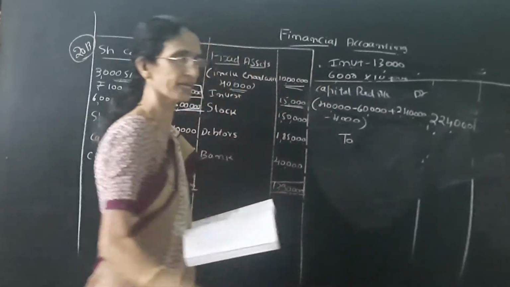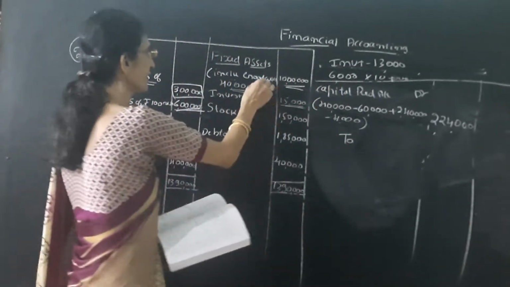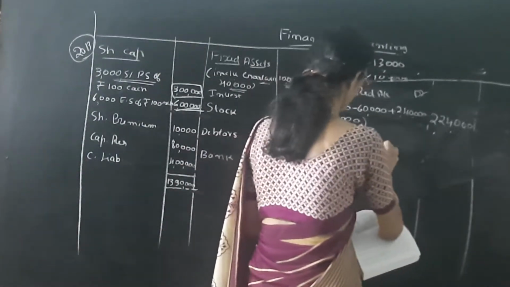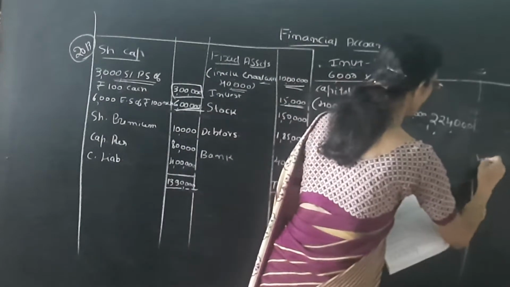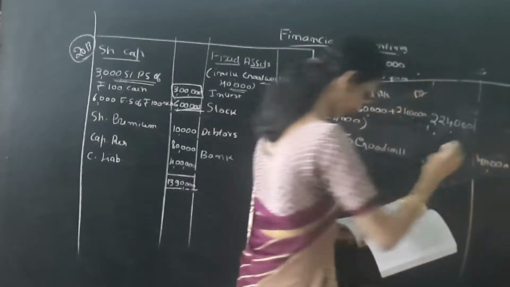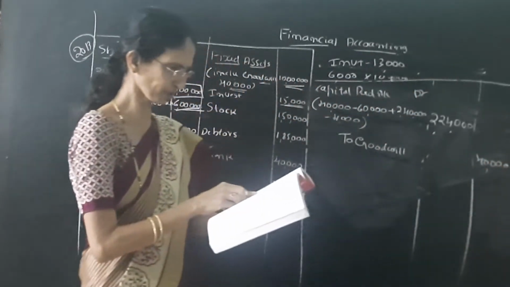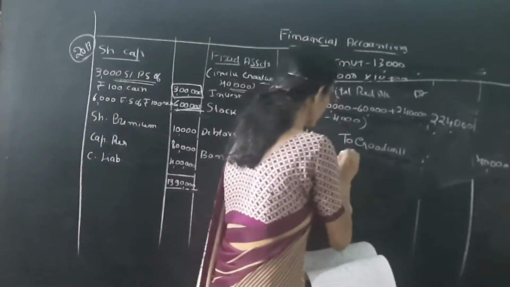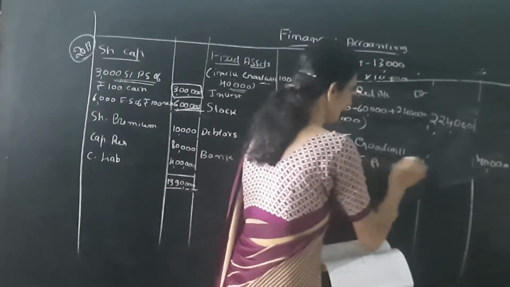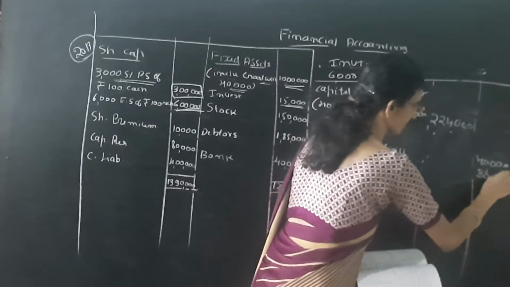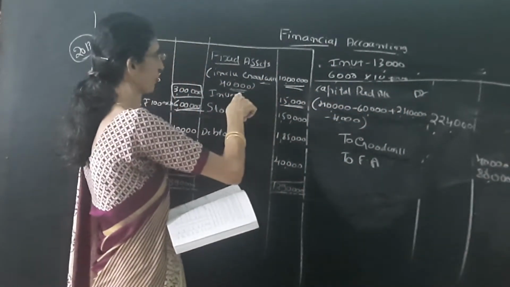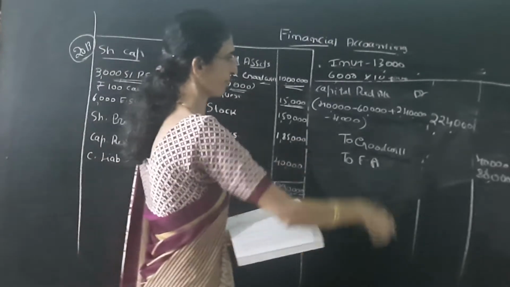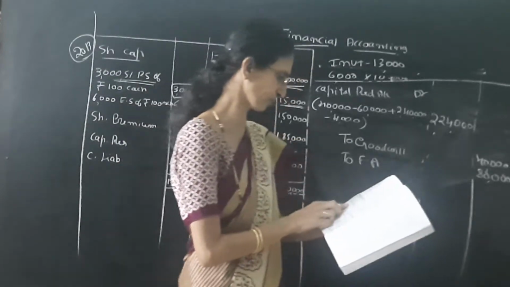So we have to write off the assets. First we have to see the writing off of the fictitious asset. Here goodwill is given, so we have to write goodwill, 40,000. Then fixed asset 80,000. From the remaining asset, that is 10 lakh minus 40,000, the remaining is once again reduced by 80,000.